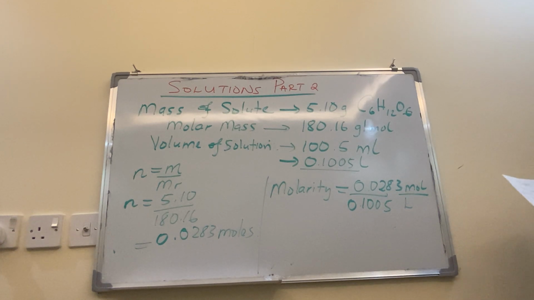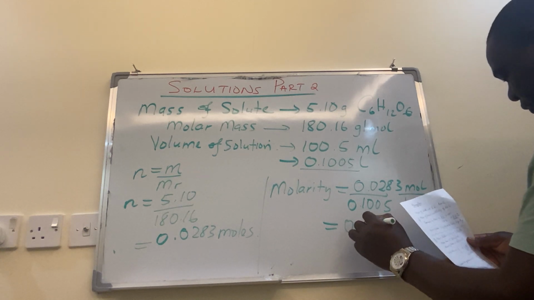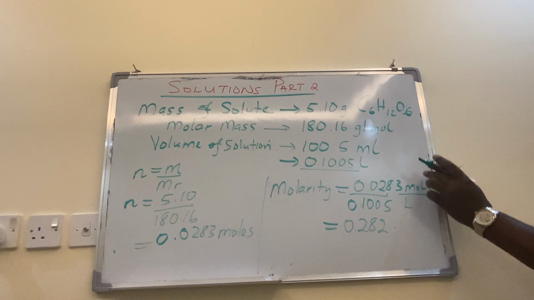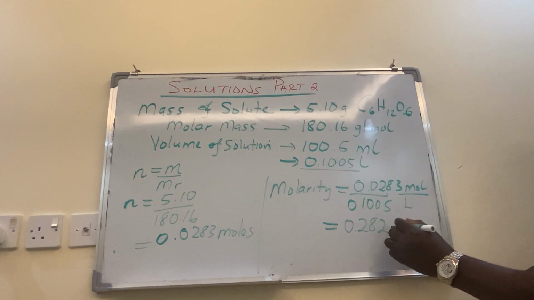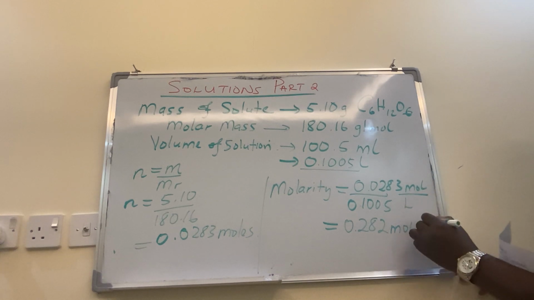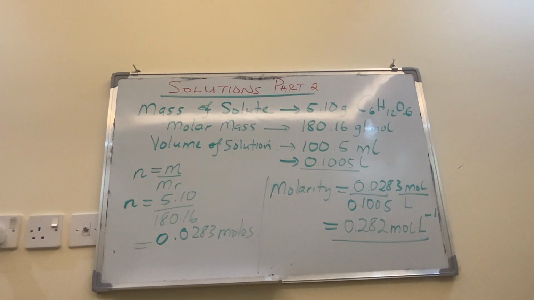And when we do the calculation, we are going to get 0.282, okay? From the formula, we can even derive the units. We have moles and then we have liters as our denominator, so our answer will be like that. Okay, so we have calculated the molarity of the solution there.